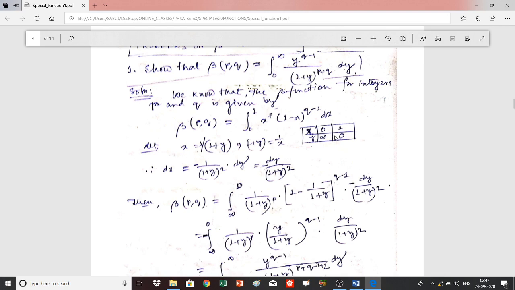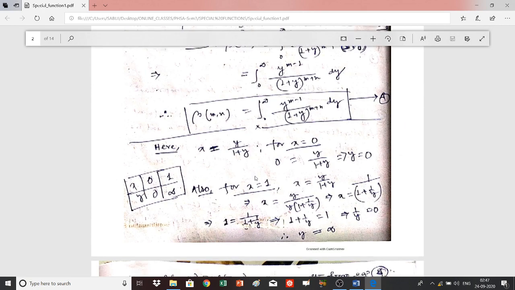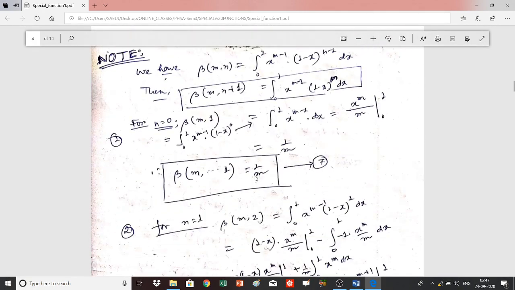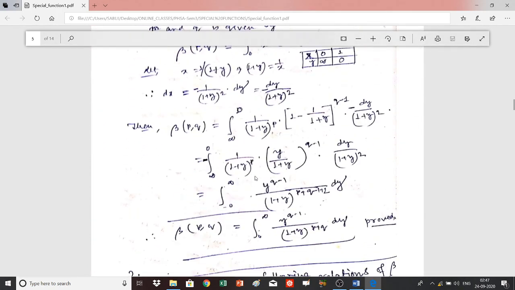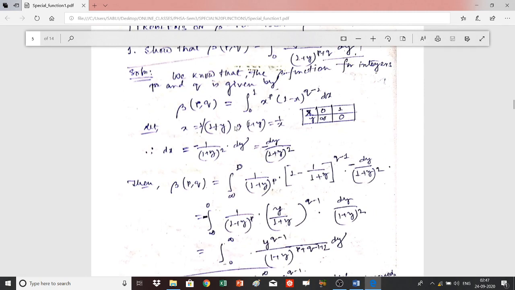Just go to that section and see, and you will easily understand why the limits are changed in such a manner. So come to that point. And from here dx is equal to, you can easily understand, 1 by (1 plus y) square dy with a negative sign. So that is equal to minus dy by (1 plus y) whole square.